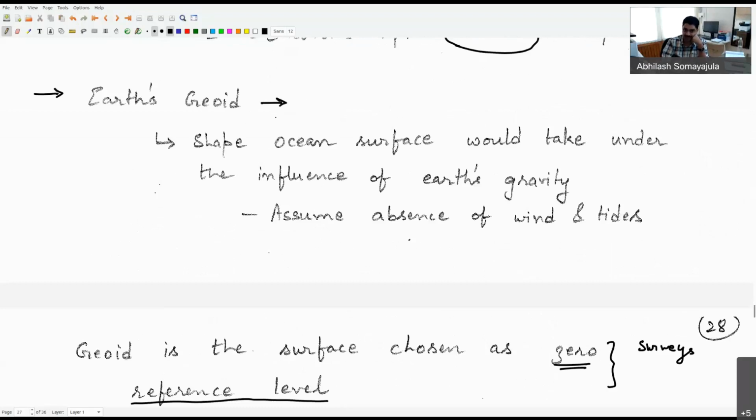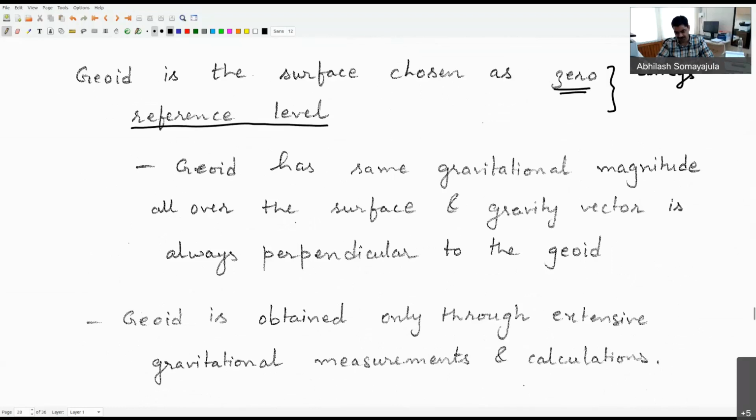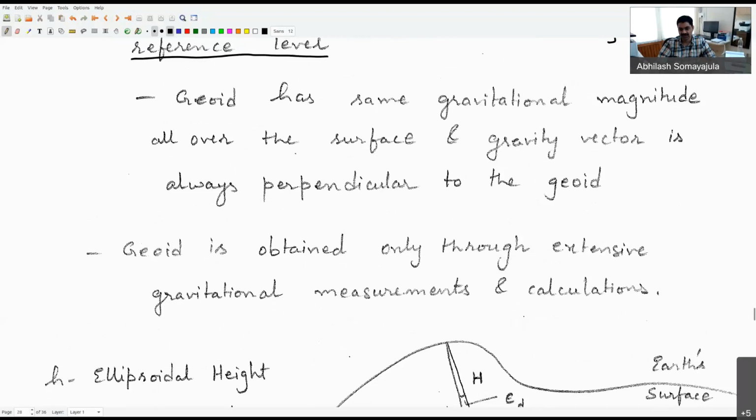So this cannot be computed mathematically. It requires measurements followed by calculations. But in several cases, nowadays a well-documented geoid is available for different geographical regions. So that could be obtained, and then you can use that.